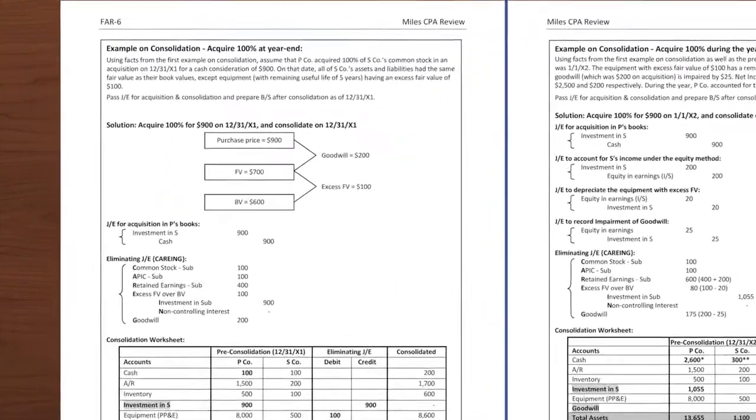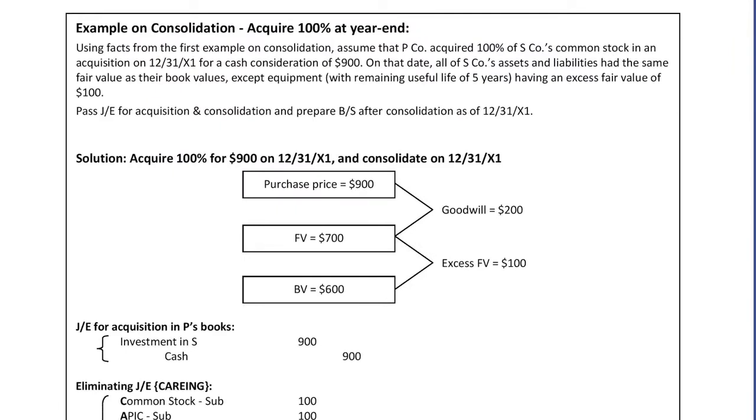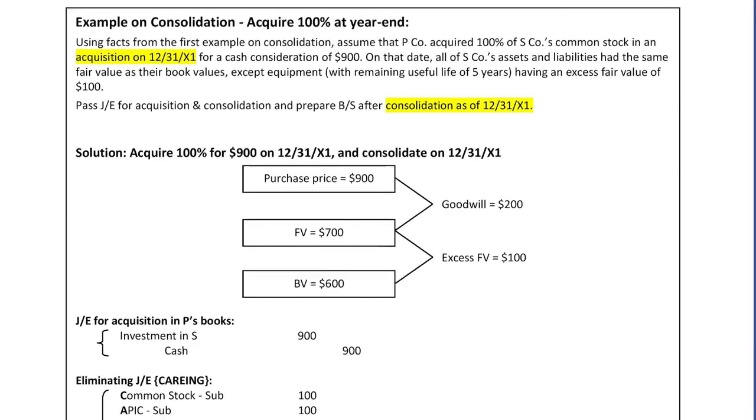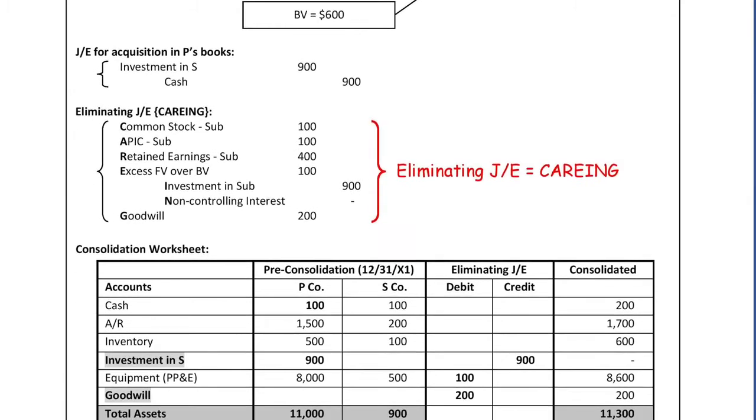Get to page 8 where we are looking at an example on consolidation where the parent acquires 100% in the subsidiary at year end. So highlight: acquisition on 31st December X1, and the consolidation also happens on the same date. Highlight: consolidation as of 31st December X1. So you prepare the eliminating journal entry, put a bracket around that and write eliminating journal entry equals CARE-ING.